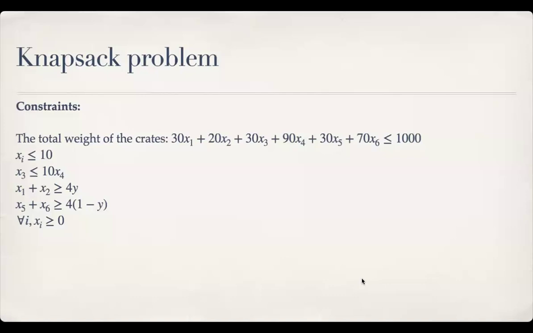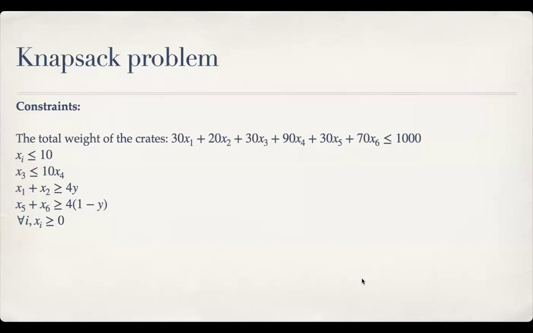And we don't care about the second condition because y is 1, then this becomes 0. x5 plus x6 greater than or equal to 0, which is always true. And if we don't care about the first condition where x1 plus x2 is greater than or equal to 4, y can be 0.